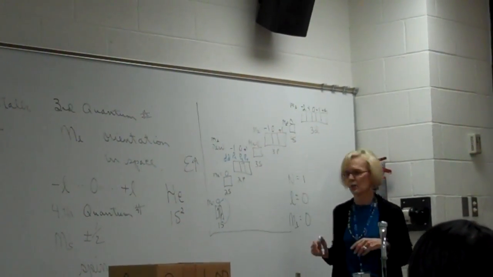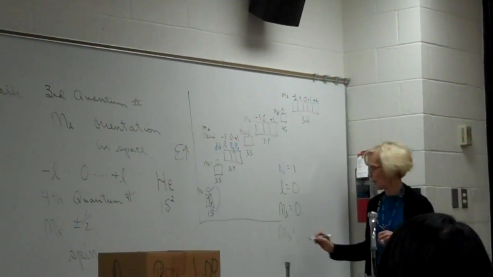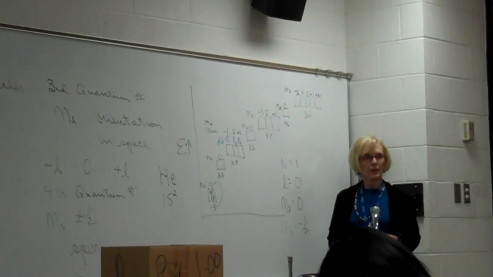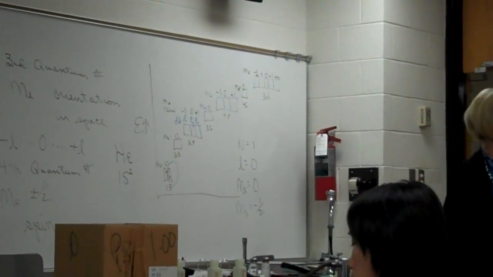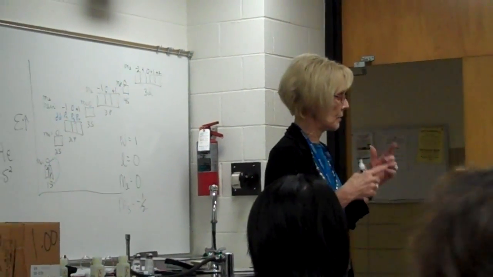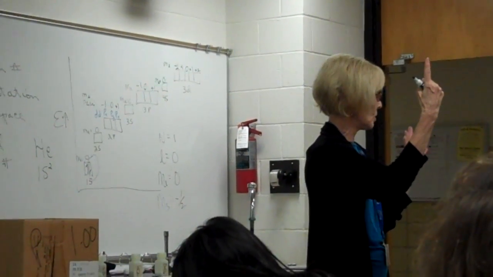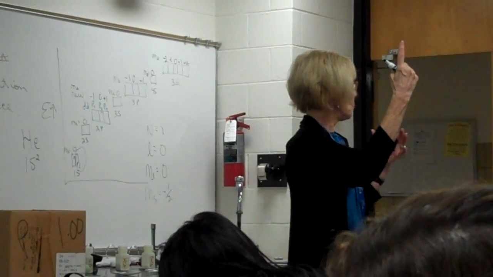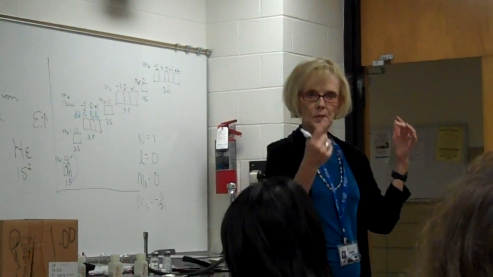And then M sub S for this guy, minus a half, because you're the second guy in. Going down is bad. Going up is good. Well, if you think of positive and negative. First one in is half arrow up, and that's strictly by convention. Half arrow up, and we call it plus a half. We really want to indicate their opposites, to indicate that opposite spin.